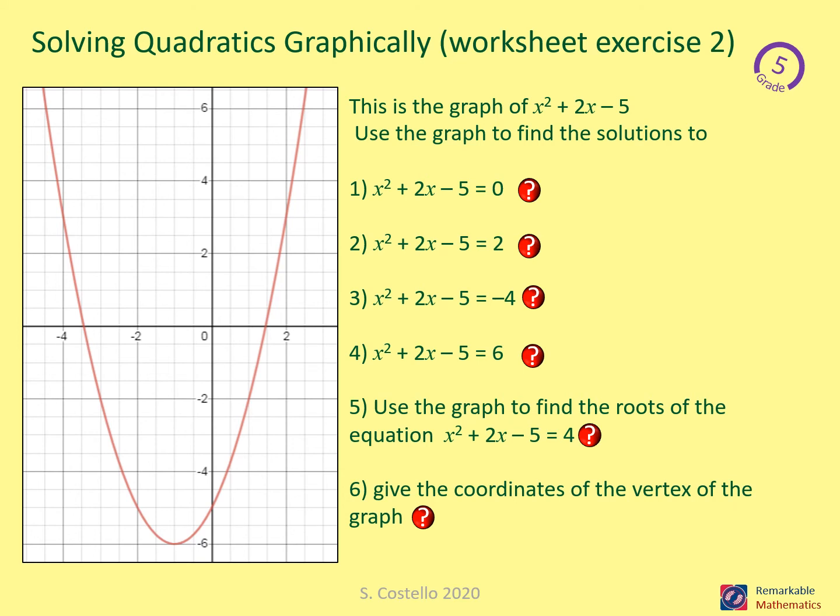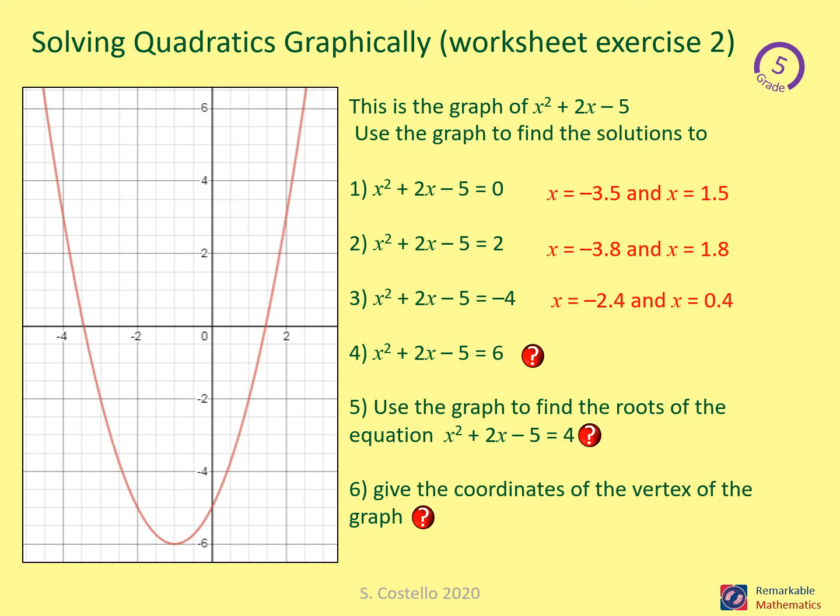So question 1, x equals minus 3.5 and x equals 1.5. Question 2, x equals 3.8 and x equals 1.8. Question 3, x equals minus 2.4 and x equals 0.4.